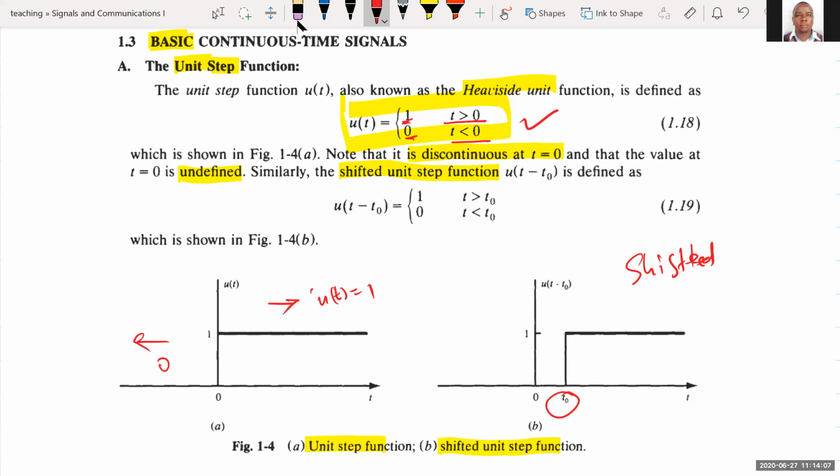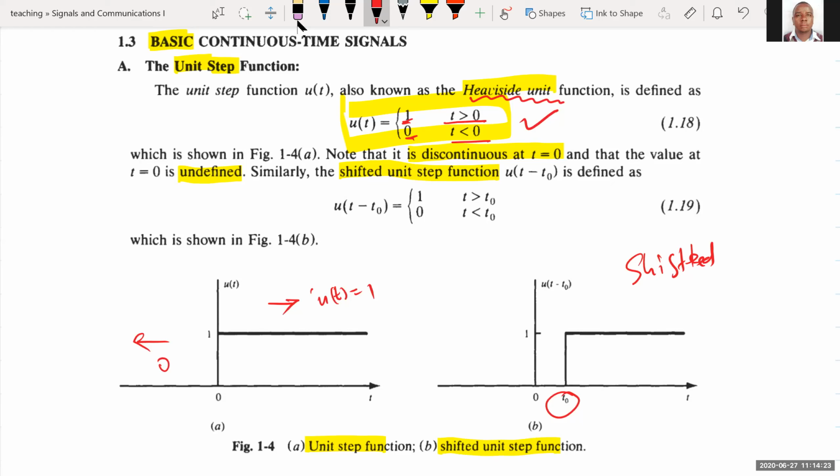So in very few words, or in very many words, that is how you define the step function. And it has another name that we call the Heaviside unit function. So that is an alternative way you can express your u(t).